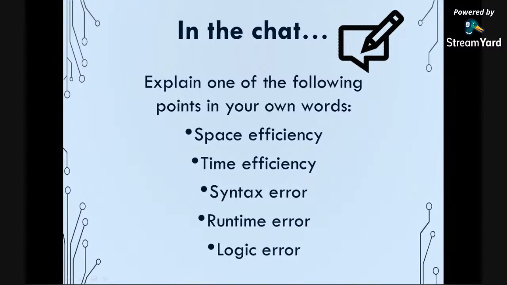So write in the chat, or in Tremor Homework if you've not been able to access the chat, one of those points in your own words. I'll give you just over a minute.